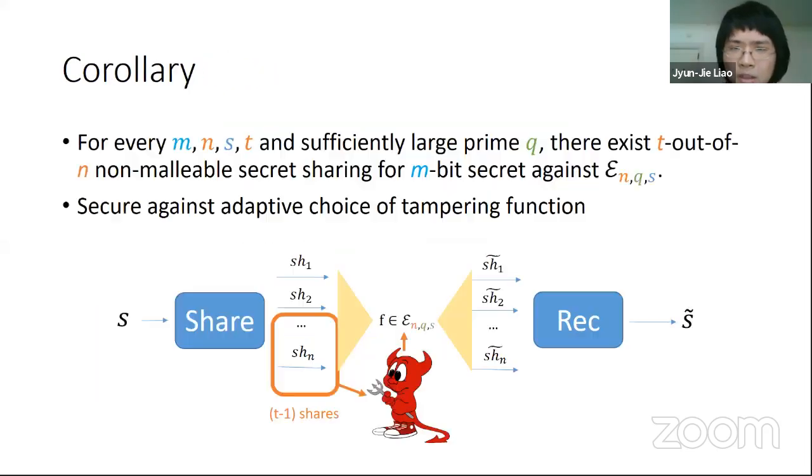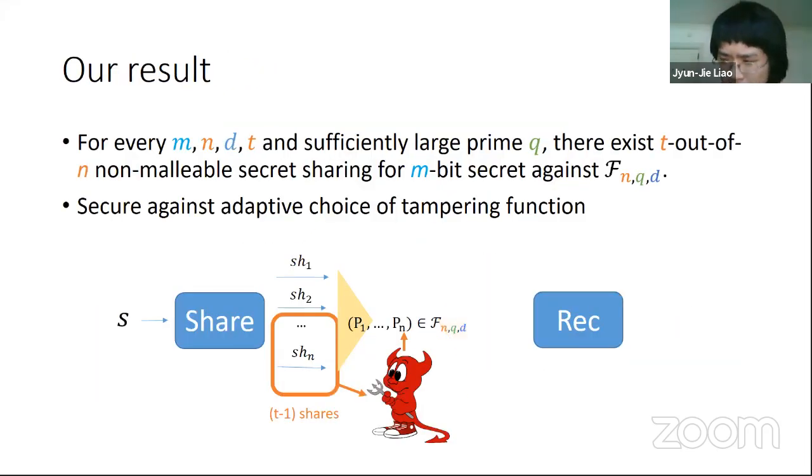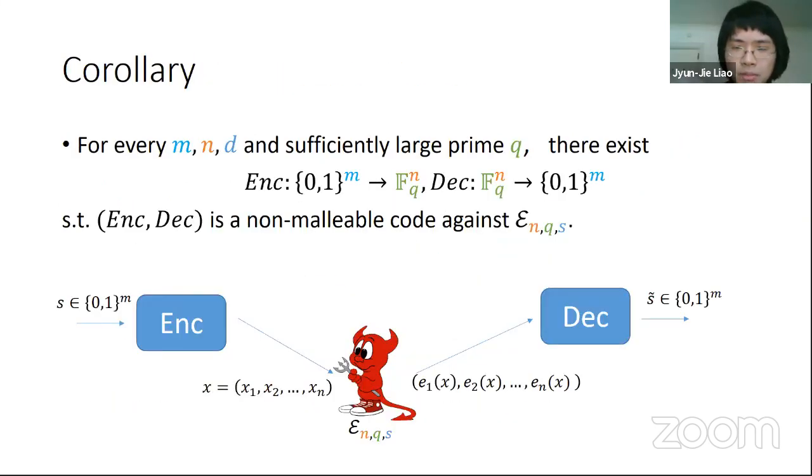So the rate of our non-malleable code is, if we want to construct a non-malleable code which is secure against polynomials on n variables, then the rate will be 1 over n, where n is the number of variables.